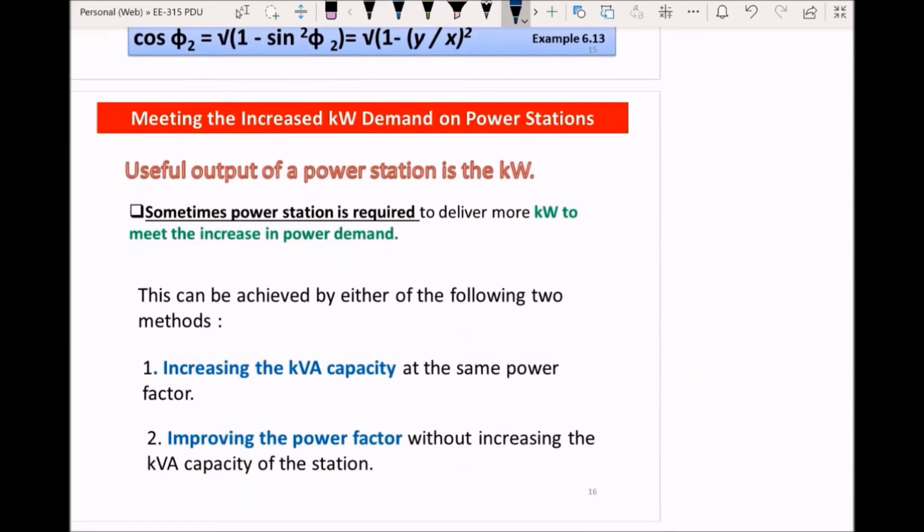After understanding the economic value of the improved power factor, we will now try to learn what to do if the power station is required to deliver more power to meet the demand of increased load. In this case, there are two ways which can be adopted.